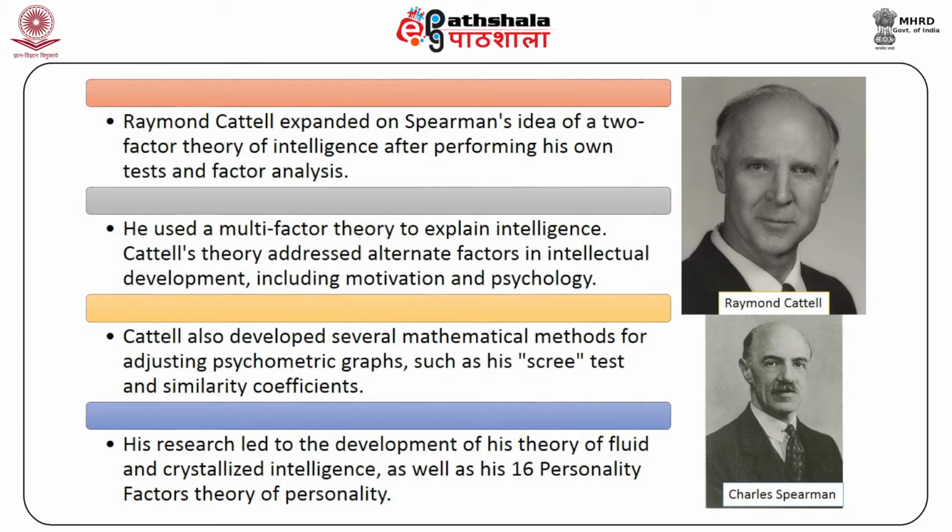Cattell also developed several mathematical methods for adjusting psychometric graphs such as his Scree test and similarity coefficients. His research led to the development of his theory of fluid and crystallized intelligence, as well as his 16 personality factors theory of personality. Cattell was a strong advocate of factor analysis and psychometrics.